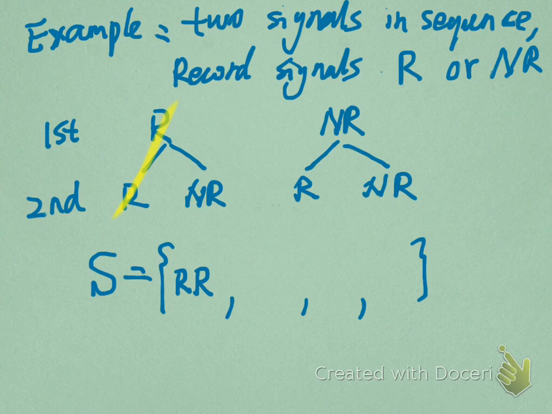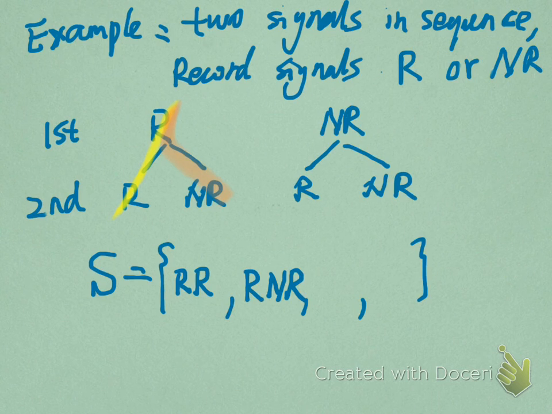Then the next one is a different one. For the second one, I use an orange color. This is where I receive the first signal, but I do not receive the second signal. So I write the outcome as R, NR: first received and second not received.